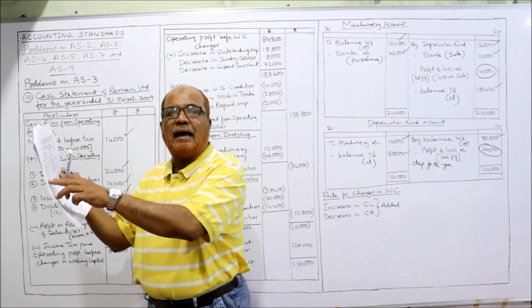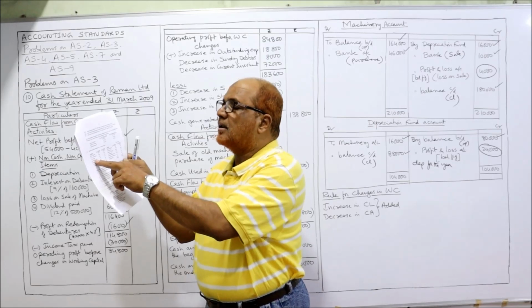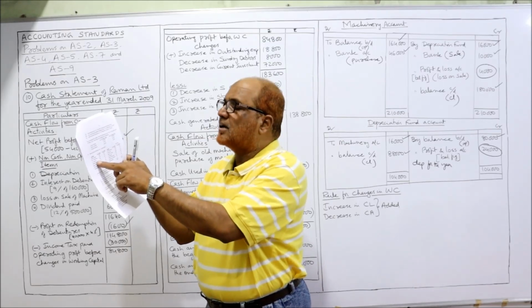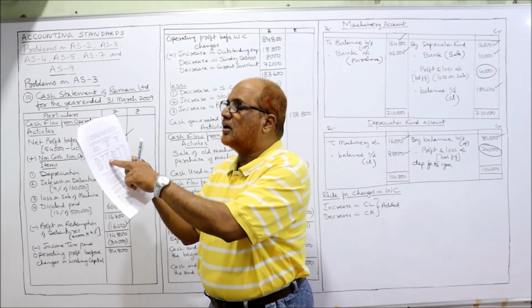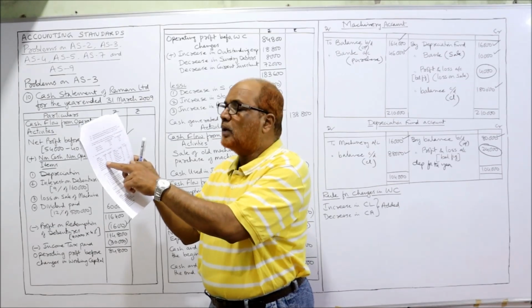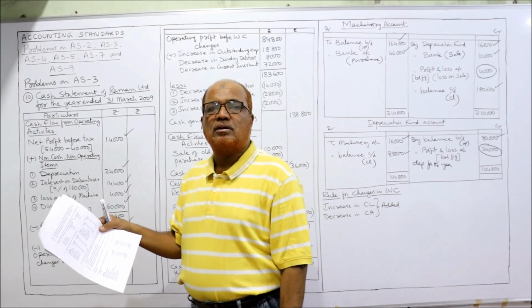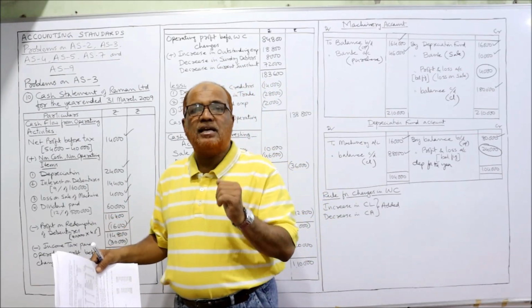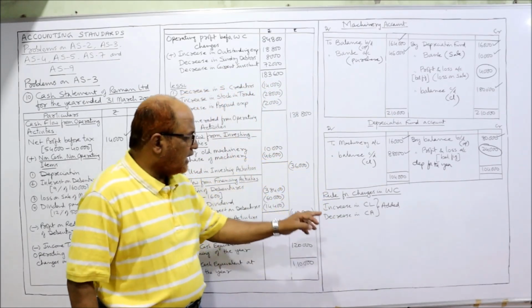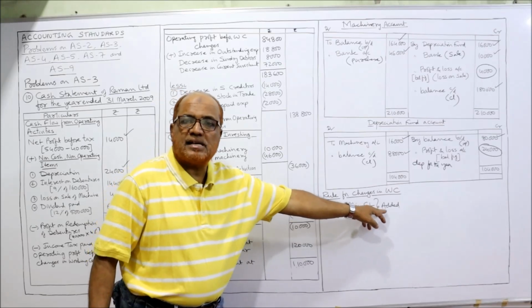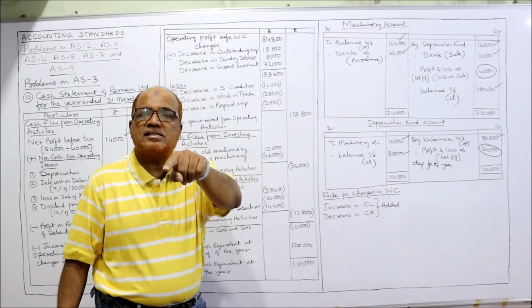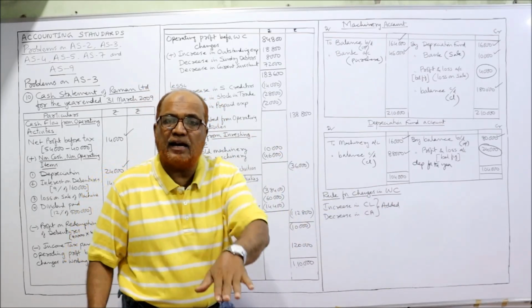Now see carefully the liability side. Sundry creditors: last year 2,30,000, current year 2,16,000. There is a decrease in current liability. Increase in current liability is added, so decrease in current liability will be deducted.